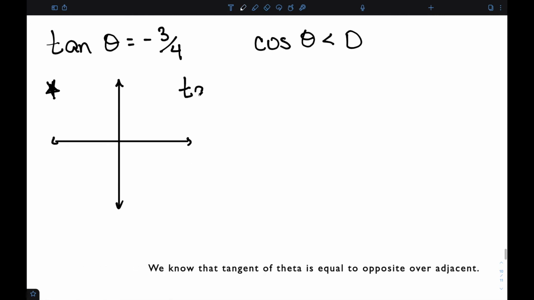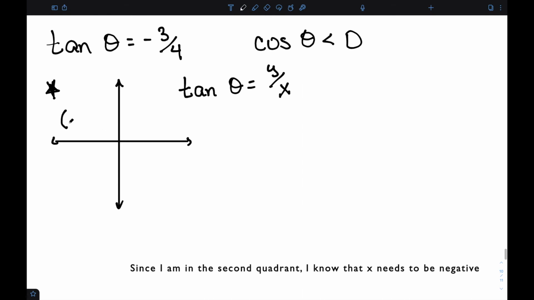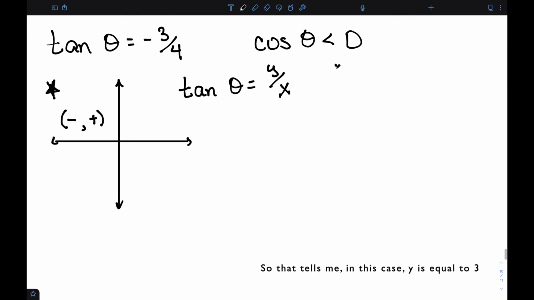We know that tangent of theta is equal to opposite over adjacent, or y/x. Since I'm in the second quadrant, I know that x needs to be negative and y needs to be positive. So that tells me that in this case, y is equal to 3 and x is equal to -4.